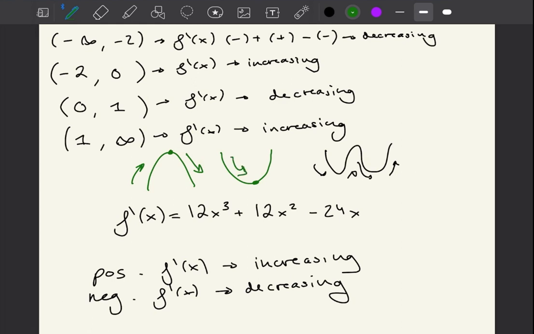But if you want to find the minimum, which is what we're trying to do right now, you have to find critical points where the derivative decreases and then starts increasing. So where do we see that? Well, over here, it's decreasing and then increasing. That's at -2. So we can use -2 as a point, and then it's decreasing and then increasing at 1. So the numbers we have to test are -2 and 1.